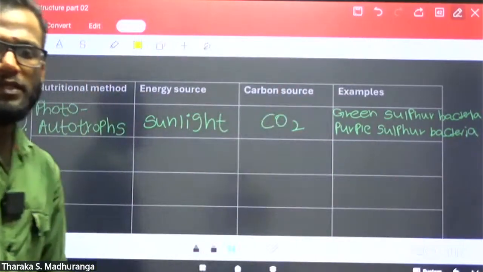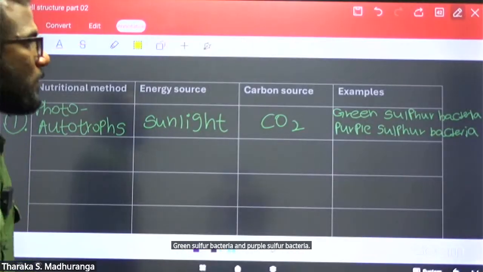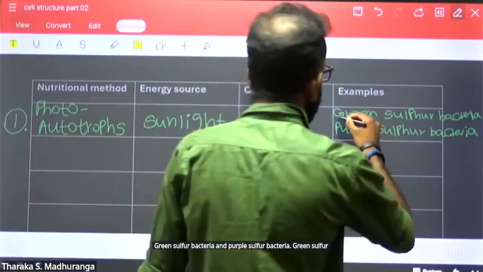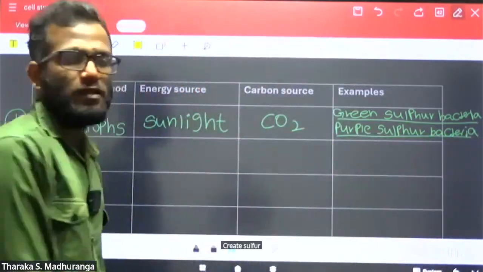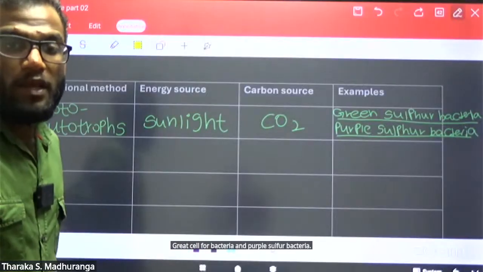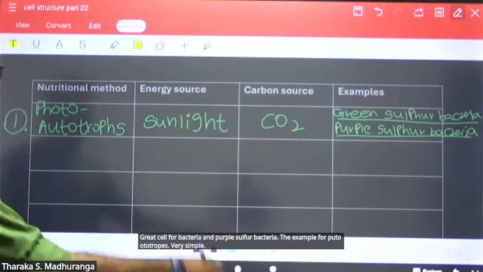They are examples for autotrophs. Very simple.